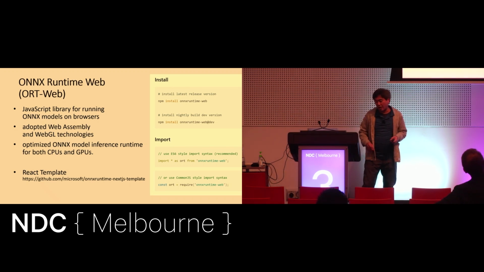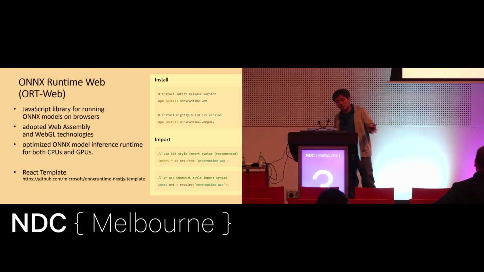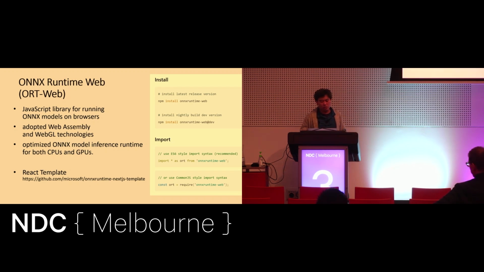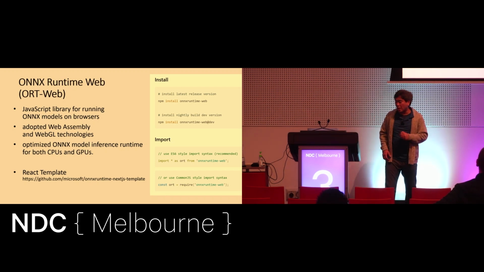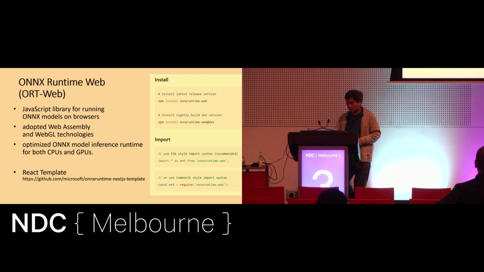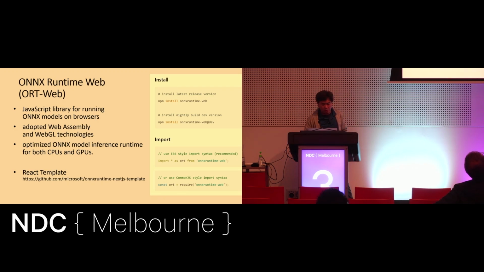If you are a React developer and want to incorporate it into your React application, there is a template that developers can start using. The key is you have this npm install onnxruntime-web, and then you import it into your application here. Let me show you a little bit of an example on that.